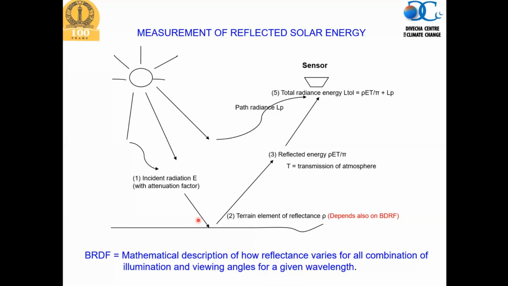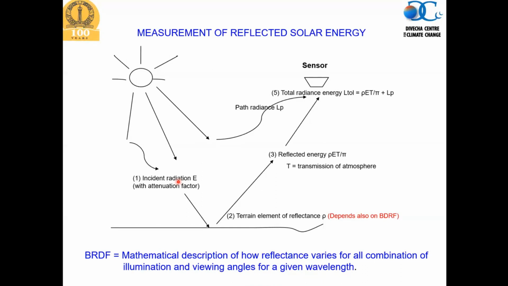So we know that this is the sun and the sun's radiation. Once it enters the atmosphere, it gets attenuated, which means it is scattered and reflects in all directions.